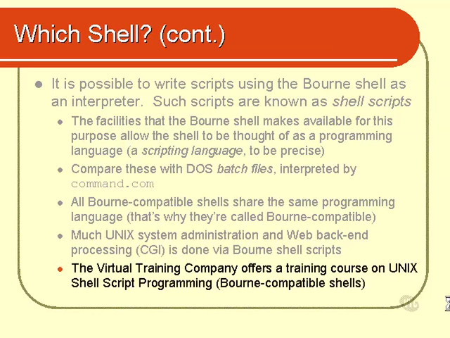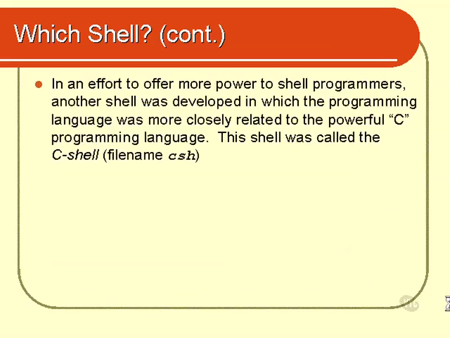Now, the term Bourne compatible shells implies that there are shells out there in the Unix world that are not Bourne compatible, and that is true. Some people do not like the Bourne shell programming language. They would like it to have more features in it. They'd like it to be more powerful. Now, these people who want this are typically programmers themselves, and if they're programmers in the Unix world, they're probably C programmers. So another shell was developed. It's not a derivative of the Bourne shell, but it's similar to the Bourne shell.